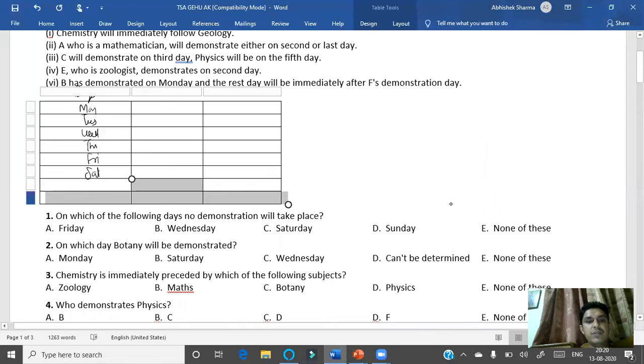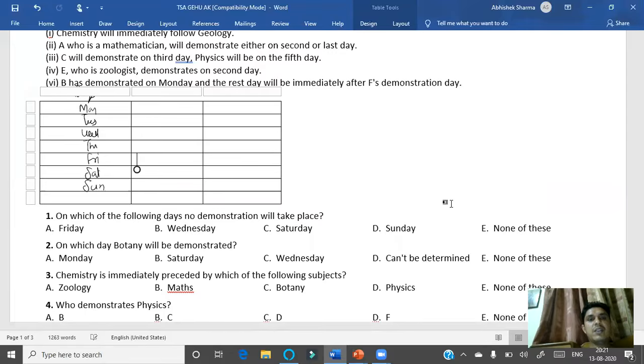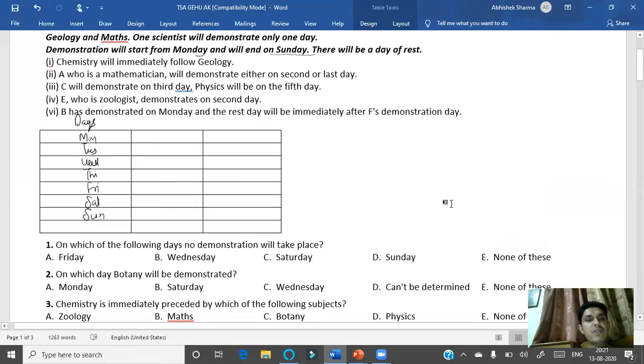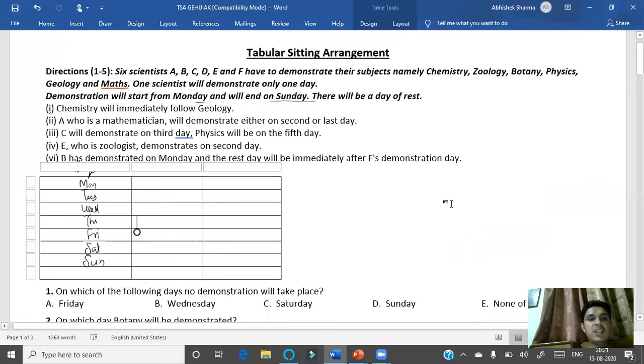So I'm just writing like this. Okay, it is Monday, Tuesday, Wednesday, Thursday, Friday, Saturday and Sunday. Thereafter, you have to just read the question and start filling up the data.